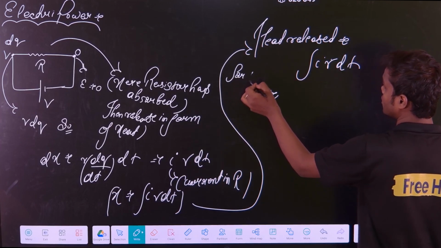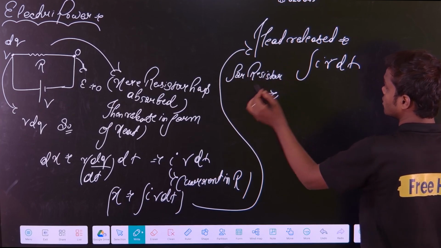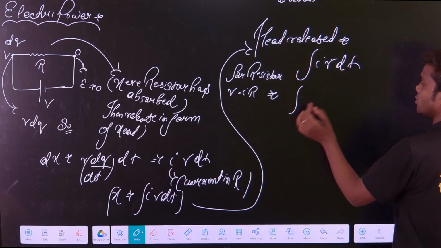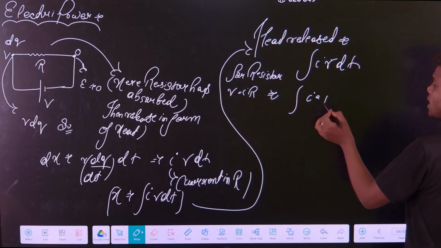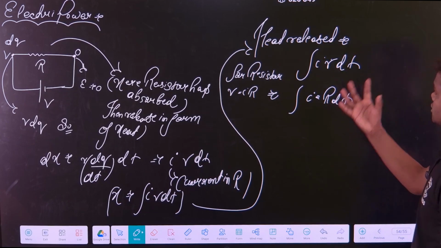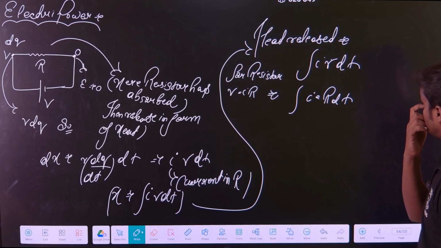For a resistor we know that V is equal to IR, so I can reduce this equation to the integration of I square R dt. That is my total heat release in a resistor.